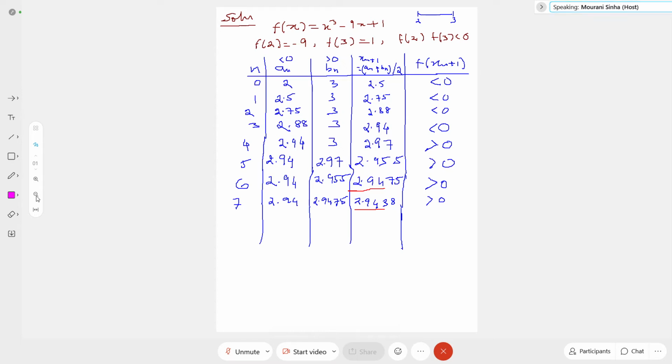This is why we will go one more step, the 8th step. In the 8th step, this is positive, meaning 2.94 remains the same. The negative column is the same, and in the positive column we have the new value 2.9438. And the midpoint will be 2.9419.